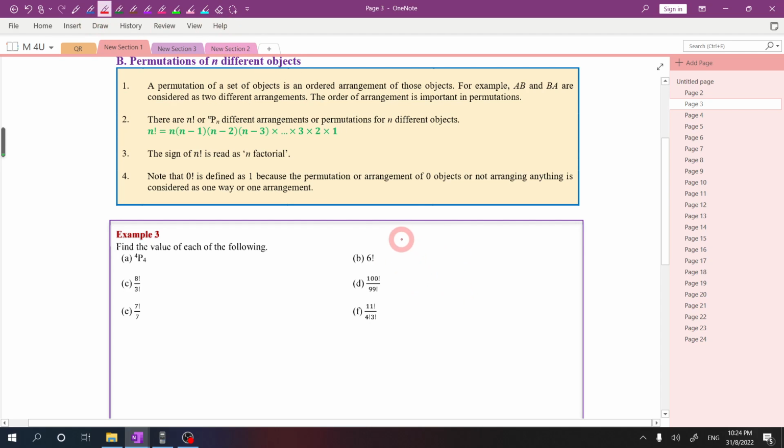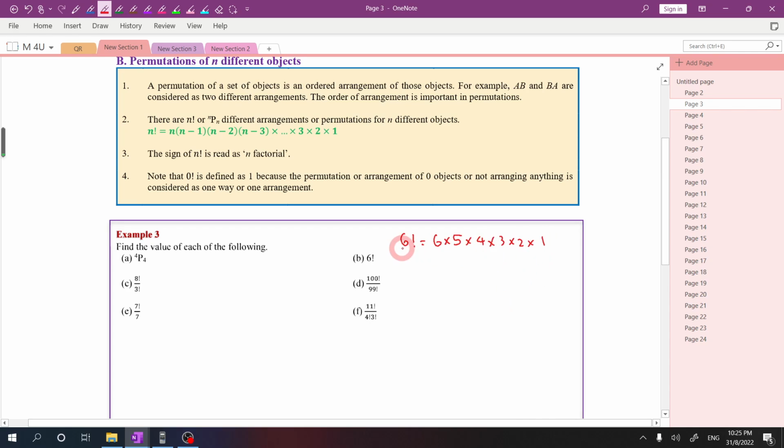Let's say I have 6 factorial. What does this mean? It just means 6 times 5 times 4 times 3 times 2 times 1. 6 factorial, beginning from 6, keep on multiplying and the number keeps reducing by 1: 5, 4, 3, 2, 1.